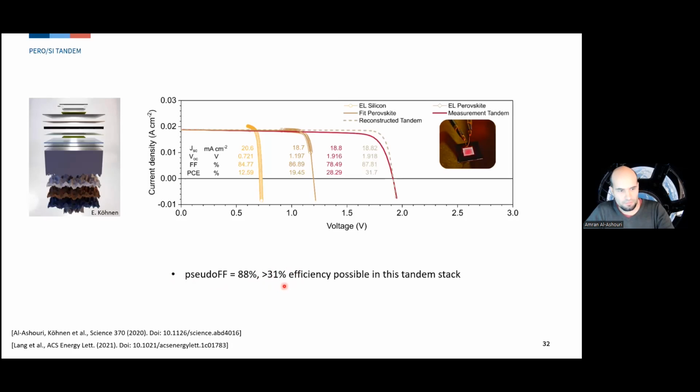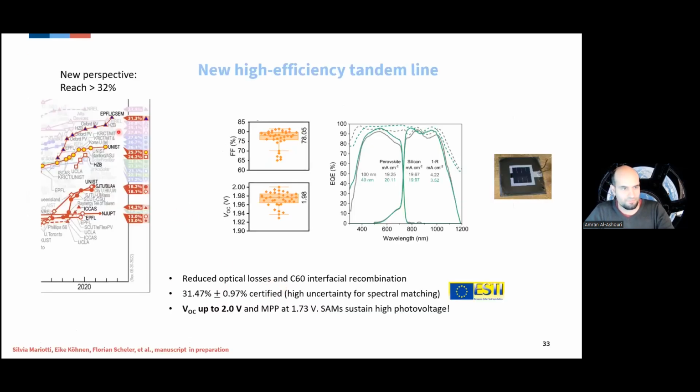But okay, we estimated over 31%, and as you know, CSEM and EPFL have reached 31.3% recently, which is quite nice because it raises the spirits as well and gave our group again some motivation to further optimize solar cells, and we did optimize, especially Eike and Sylvia. We recently certified as well 31.5% at the SD lab.